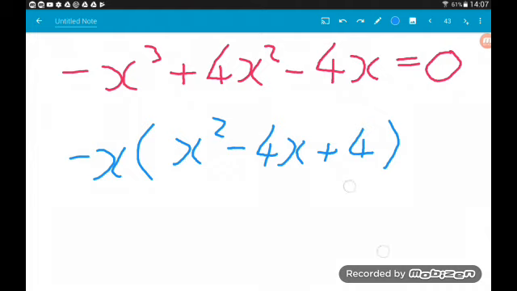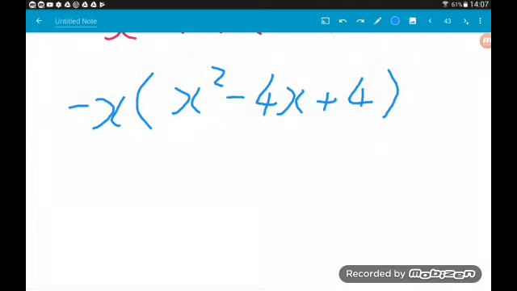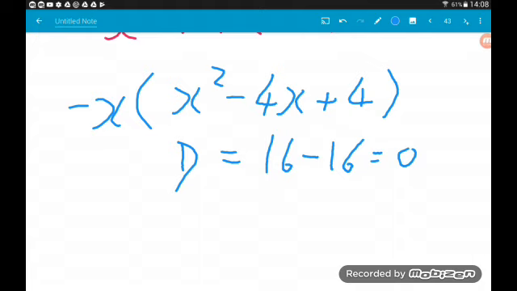Okay, so let's check the discriminant. The discriminant of the quadratic is going to be -4 squared, which is 16, minus 4 times 1 times 4. So it's going to be 16 minus 16, which is 0. And that implies 1 real root. So we're only looking for 1 root in the quadratic again.